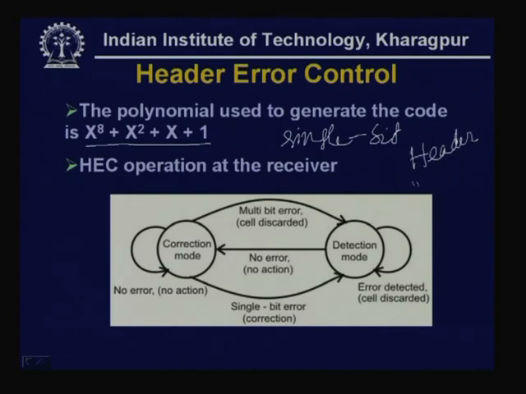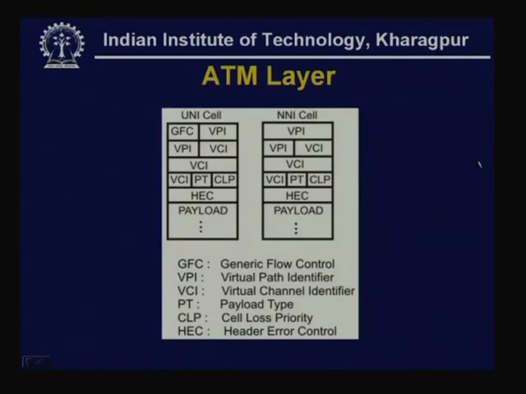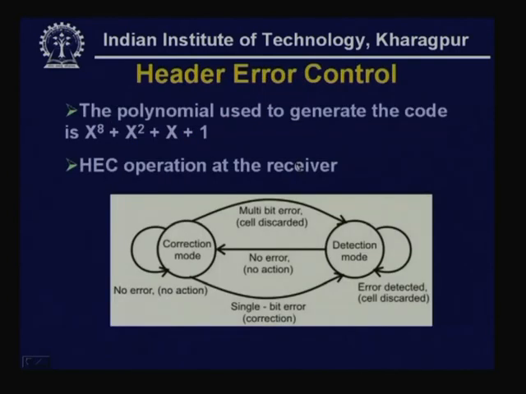That means in the previous header, we have seen that here you have how many bytes? 1, 2, 3 and 4. That means on these 32 bits or 4 bytes, error correction is done, and this CRC check code is kept here. So, the HEC operation is performed at the receiving end for error correction and error detection purposes.